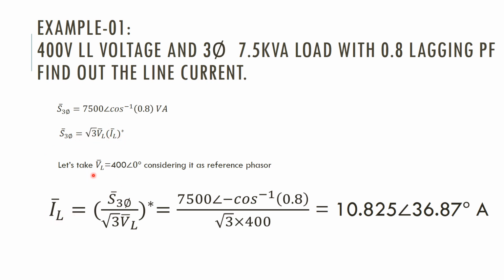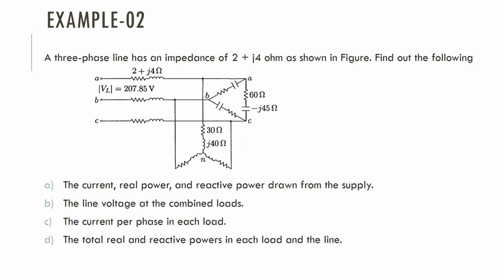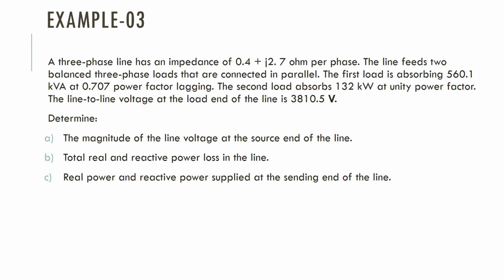Let's take VL equal to 400, as the line to line voltage is 400, taking it as the reference. Then we can find the line current, which is equal to 10.825 angle minus 36.87 degrees amperes, right? Similarly, we have to work the other three examples: example 2, example 3, example 4.